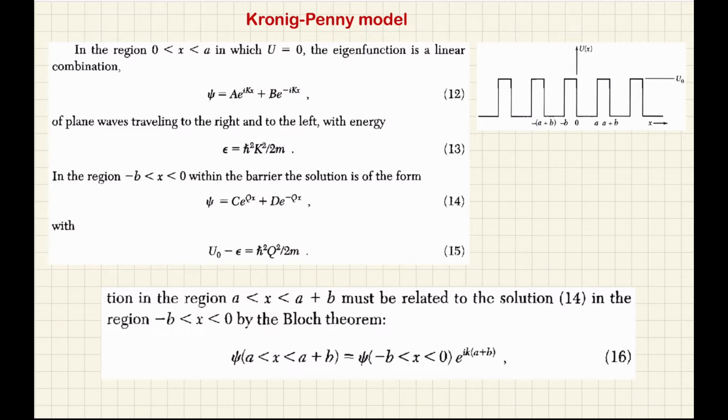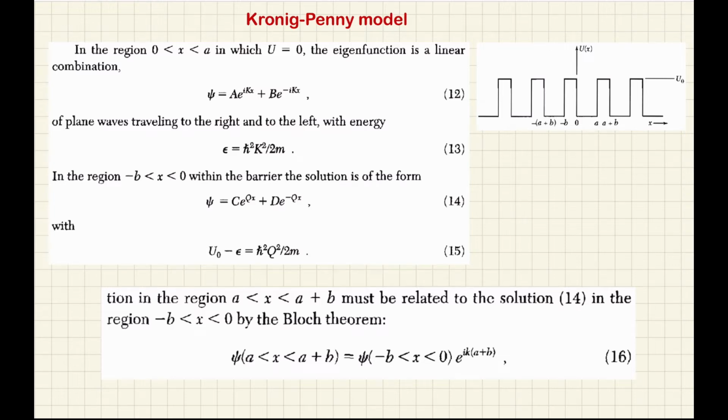That is the solution in region 1, and for this the energy epsilon you can write as h cross square k square by 2m. Remember, this k is not the k in the Bloch solution. This wave vector k is particularly for region 1.